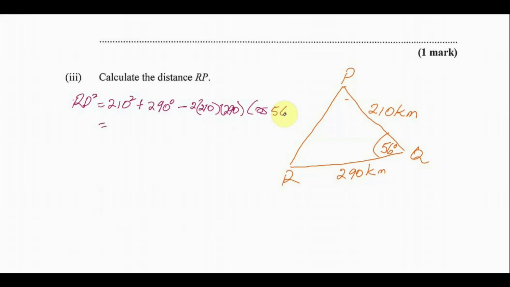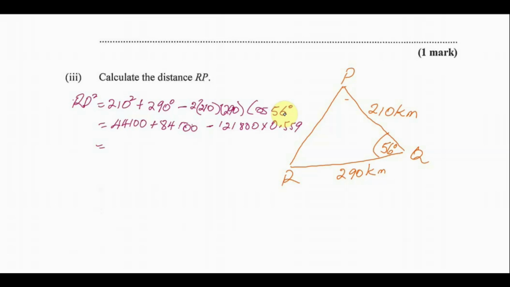So this gives us 44,100 plus 84,100 minus, when we calculate it, we get 121,800, and the cosine of 56 is 0.559.